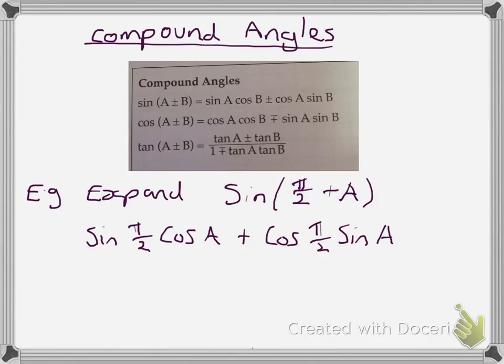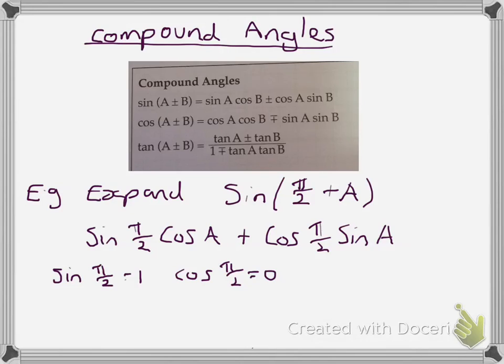Well, pi over 2. Pi over 2, 180 divided by 2, that's the same as 90 degrees. And we know from our sine and cosine rules, angles and graphs, that sine of 90 degrees is the same as 1, and cos of 90 degrees is equal to 0. So that makes my equation a bit easier.